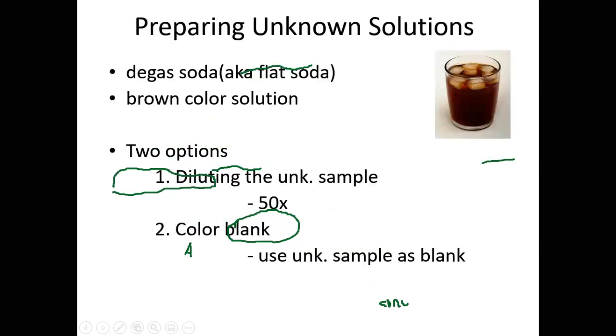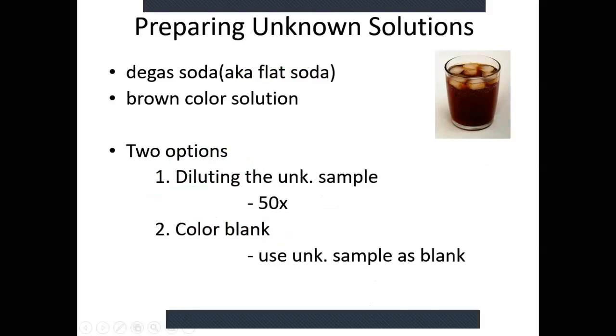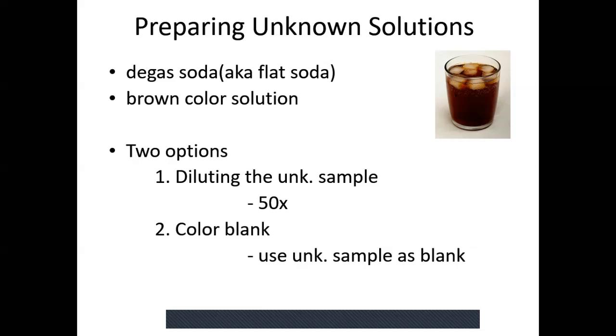Then you would need to prepare your unknown. Unlike the previous lab where your solution was already the same color that you were investigating, with sodas there are two issues. First, you have to make sure all the gas is out of the soda, aka it's flat, because the bubbles will affect its absorbance.